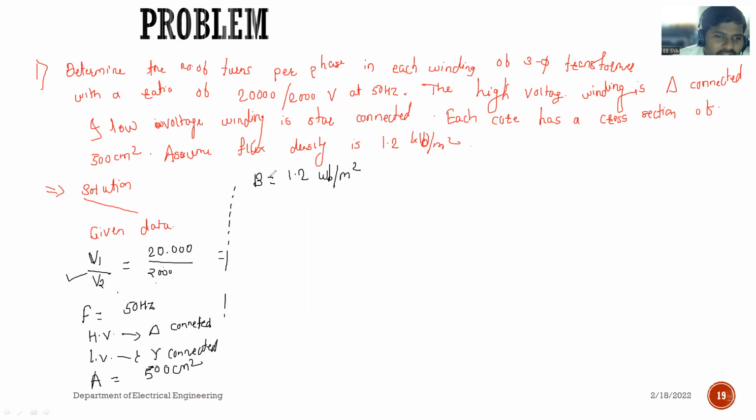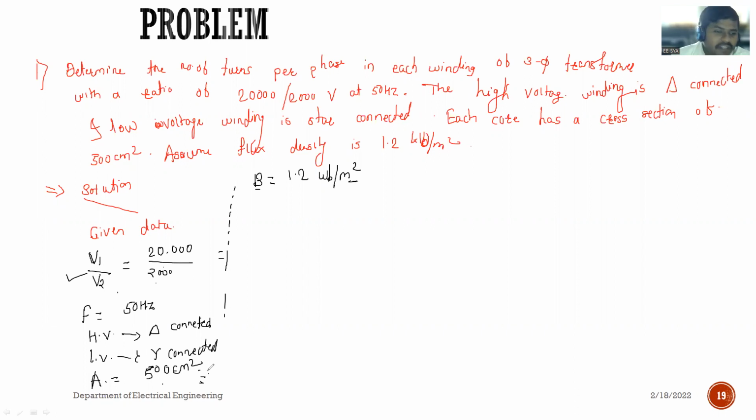Now see, flux density is given in the meter, A is given in the centimeter. So we want to convert this 500 centimeter square into meter square. How it can be converted? A ची व्हॅल्यू मला कन्वर्ट करावी लागेल. 500 into 10 raised to minus 4.